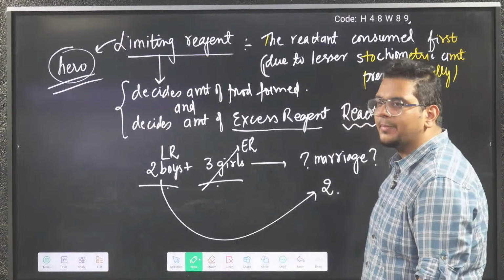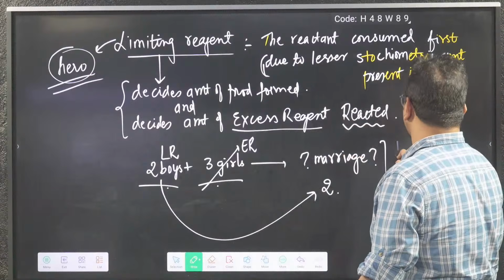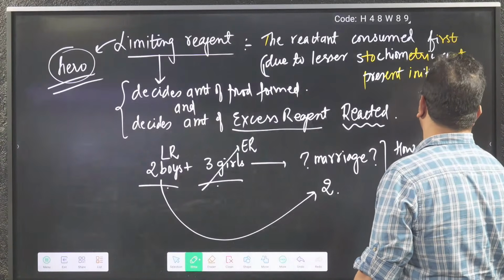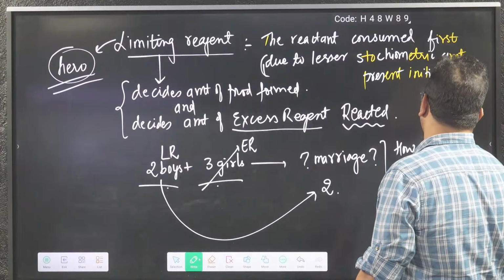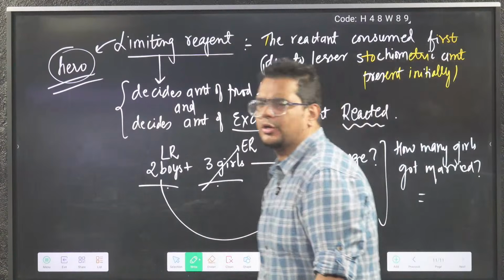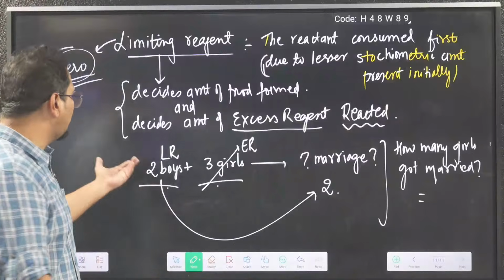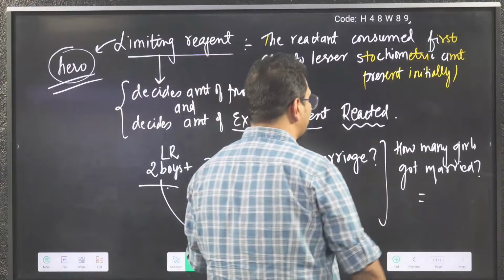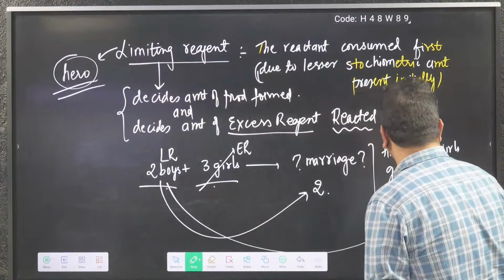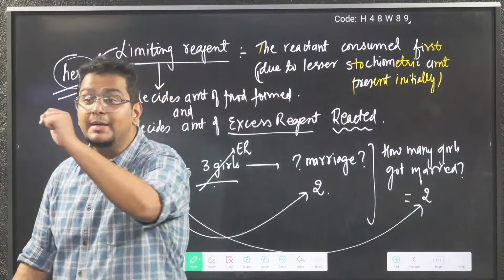In this question, how many girls got married? So there are 2 boys getting married, so there must be 2 girls getting married. Who decided this answer also? Limiting reagent.